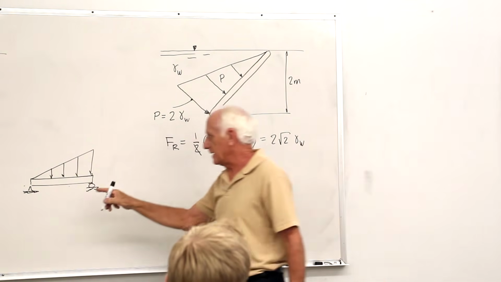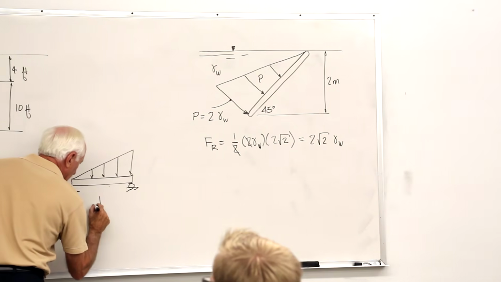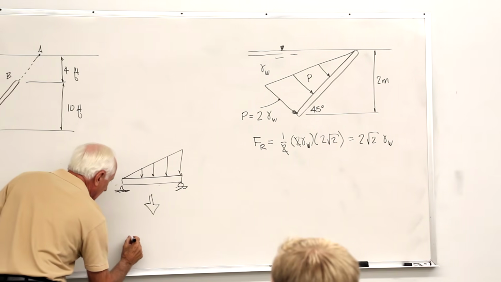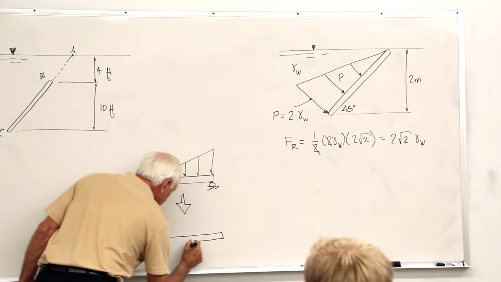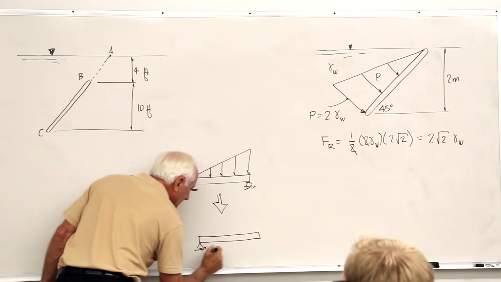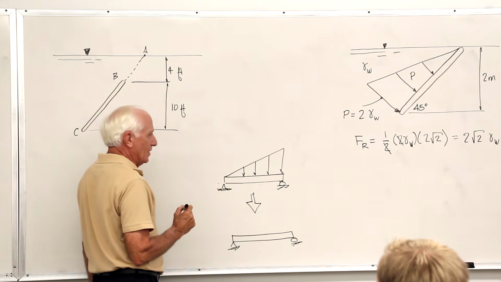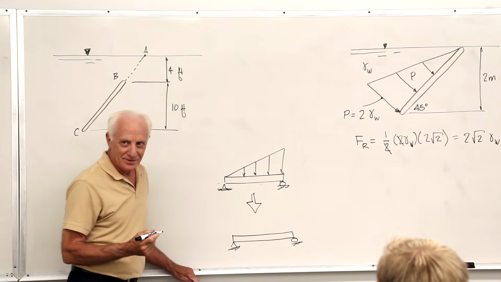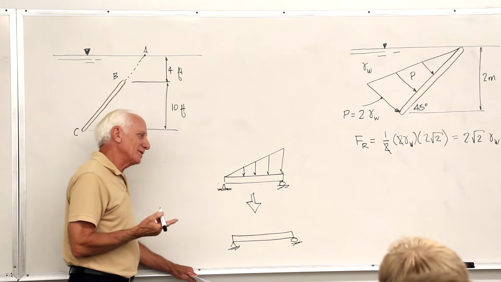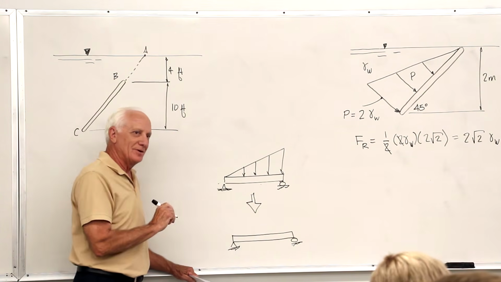Over here, statics. When you replace this with an equivalent force, this is for statics. When you replace this with an equivalent force, Fr, where do you put it? If you recall, the answer is you put it acting vertically through the centroid of that loading diagram.